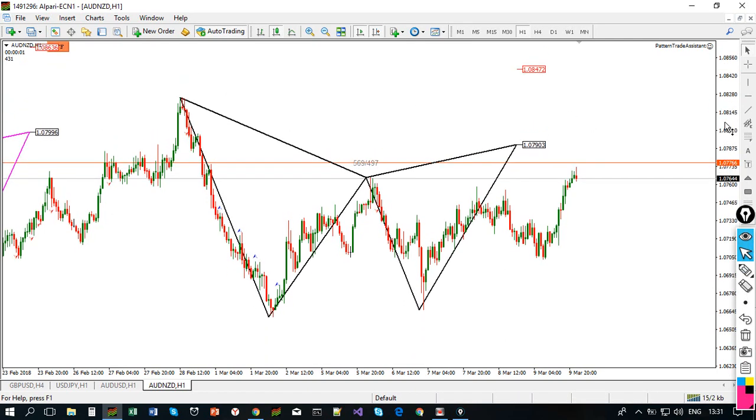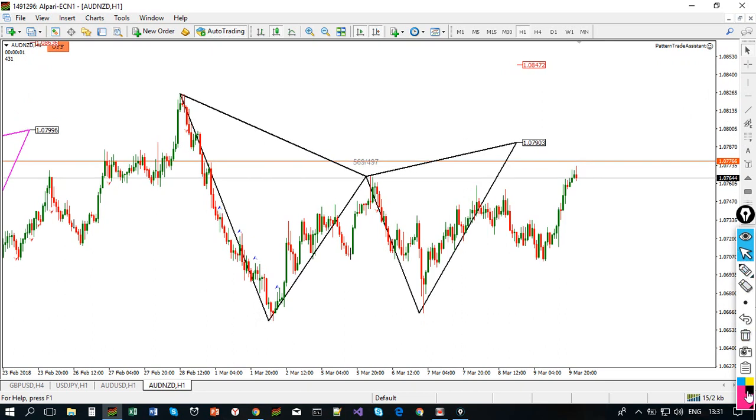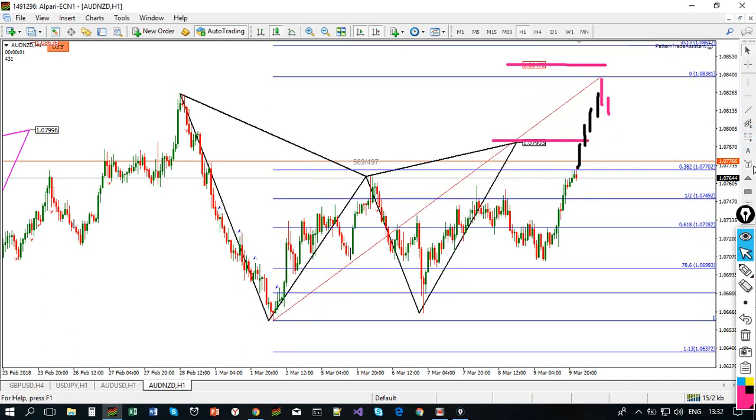So here's the logic of this pattern. This is the range. Wait for price to enter the zone and then wait for reversal to happen. Only then stretch your fibs and execute your trades.